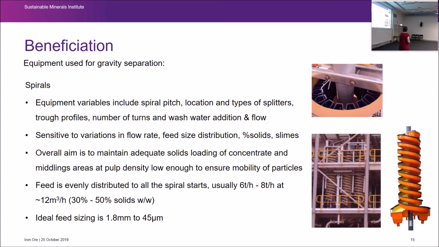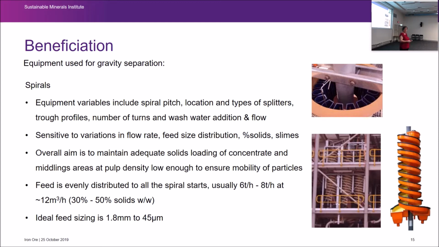Okay. So your equipment variables include things like spiral pitch, the location and type of the splitters, the trough profile, the number of turns, and whether you're adding wash water and how much. It's very sensitive to changes in flow rate specifically, and usually these circuits are set up to have a constant flow rate to them.